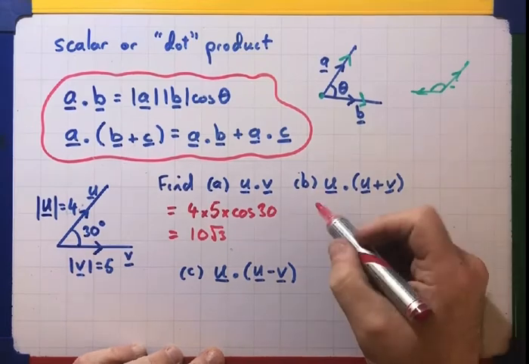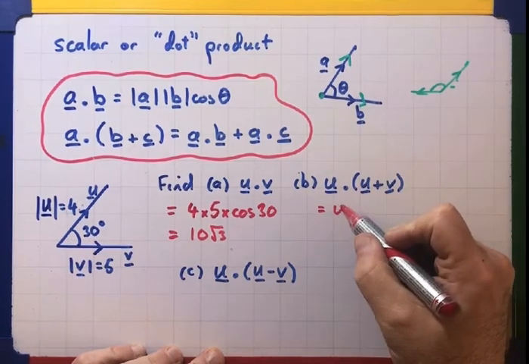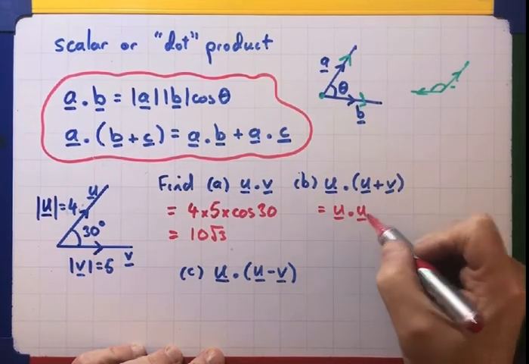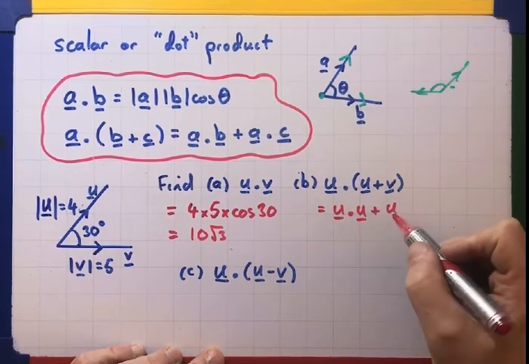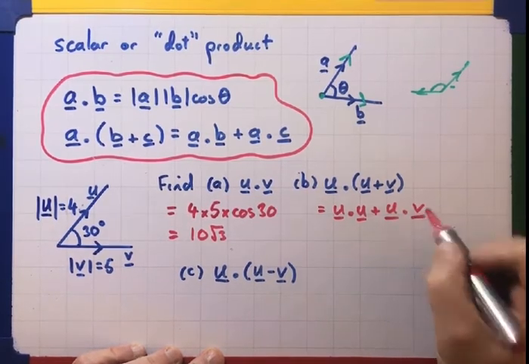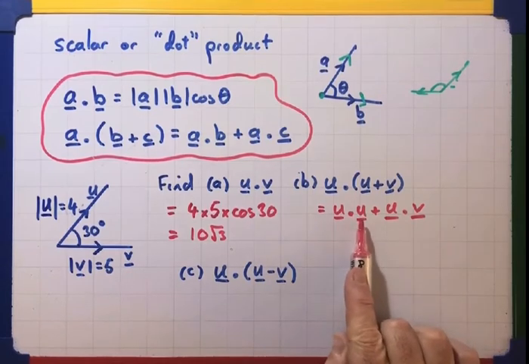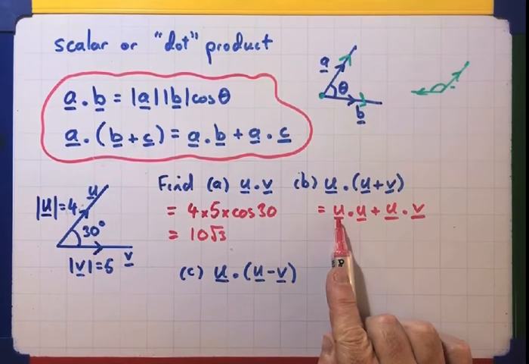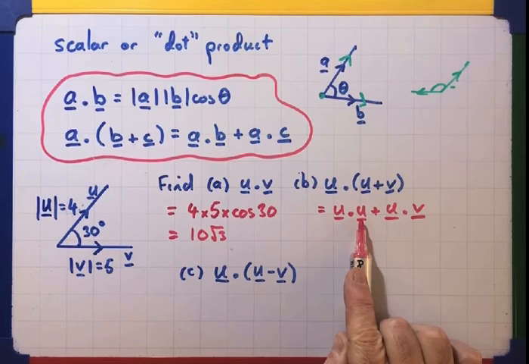With this one, we just need to remember that that's equal to u dot u plus u dot v. Now, obviously, the angle between u and u is 0, isn't it? They're the same vector, therefore the angle between them is going to be 0.